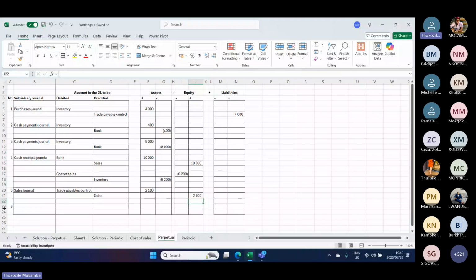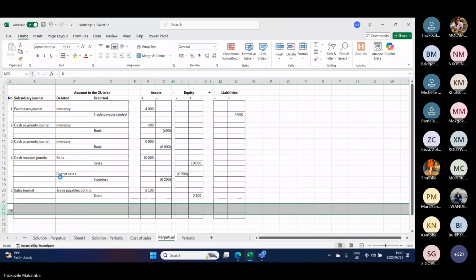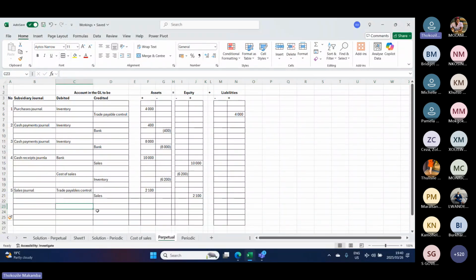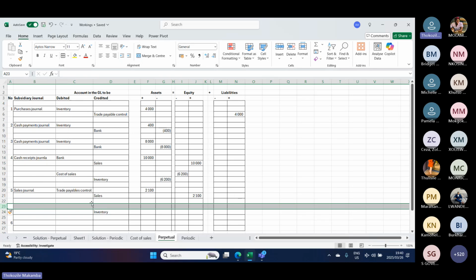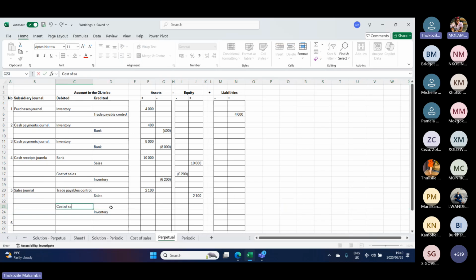But because we are in the perpetual inventory system, we now have to account for the cost of that inventory. We know that we've sold the inventory, so therefore we must credit inventory, right? Sorry, guys. And then the contra account is going to be, sorry, cost of... there's just a correction on the chat. It's trade receivables. Oh, sorry, did I type? Yeah, sorry.